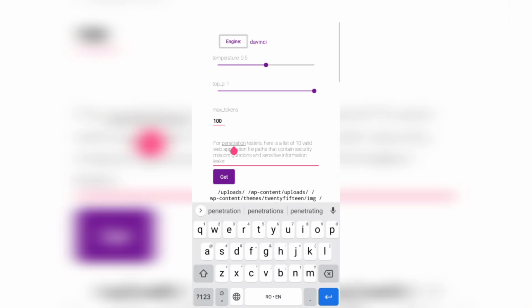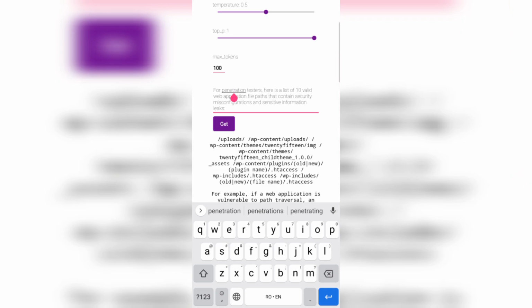So look at it like this. When I say "for penetration testers," the model actually focuses on the cluster of words that has been associated with penetration testers in its learning process.